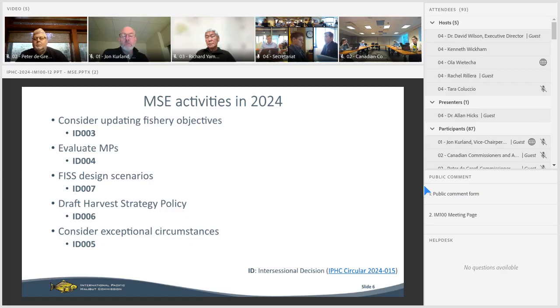Okay, so MSE had a number of activities in 2024, and all these activities are actually at the direction of the commission. And here ID stands for intersessional decision. There was some intersessional decisions by the commission. I think it was in June that these occurred, and the link is down there on the lower right.